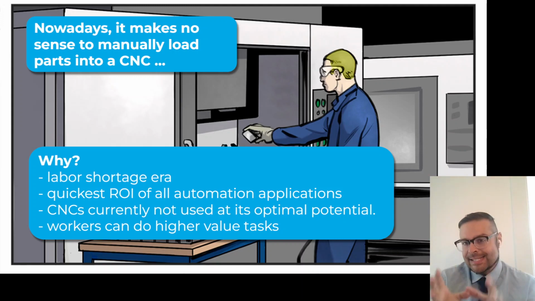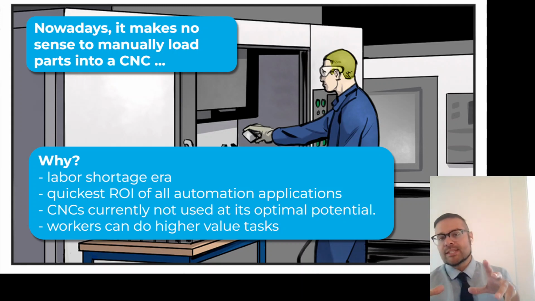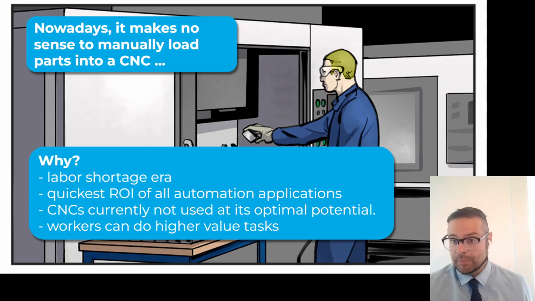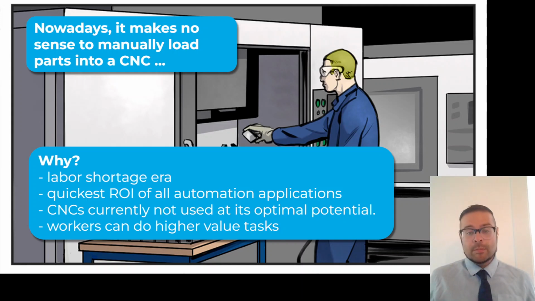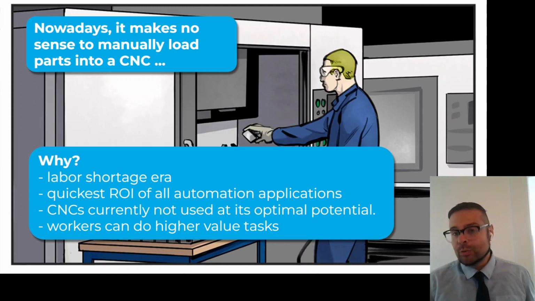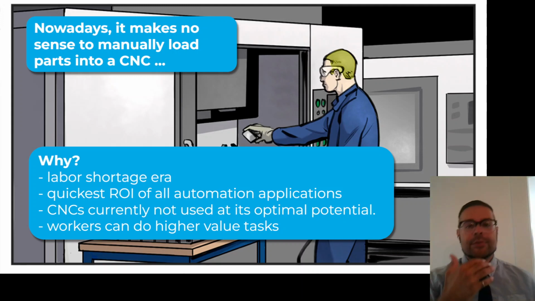The CNC machines are currently not used at their optimal potential because they sit there and wait for an operator to load and unload. If nobody is available, then they're not manufacturing, they're not doing anything, they're not returning their investment.